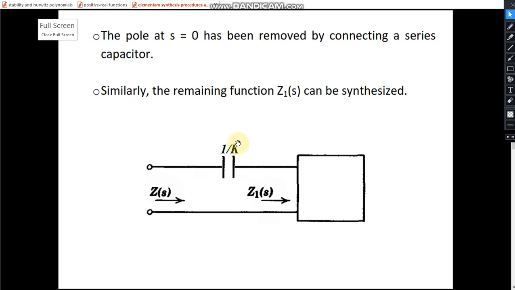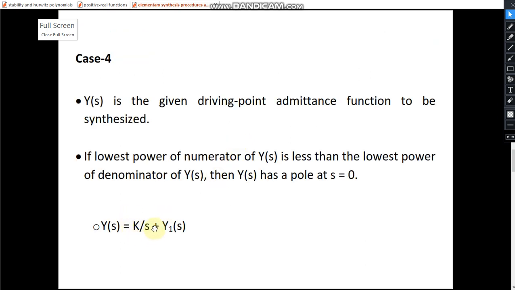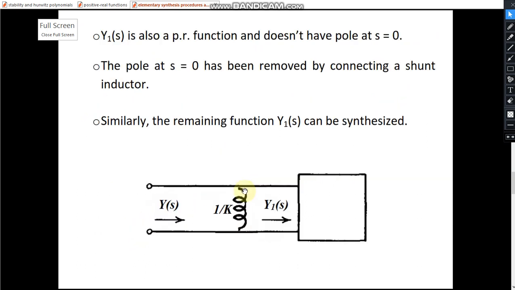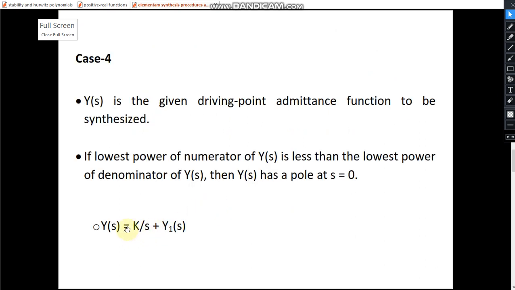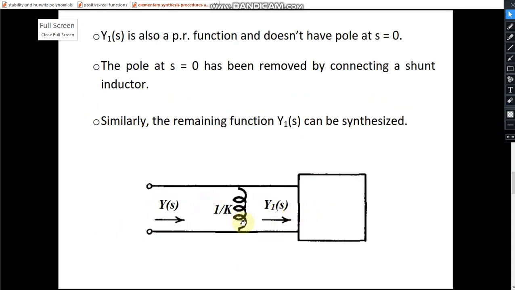Now suppose the same thing is there in Y. So K upon s in Y is nothing but an inductance. But Y1 and Y2, that is Y1 plus Y2, means the admittances will be in parallel, like this.